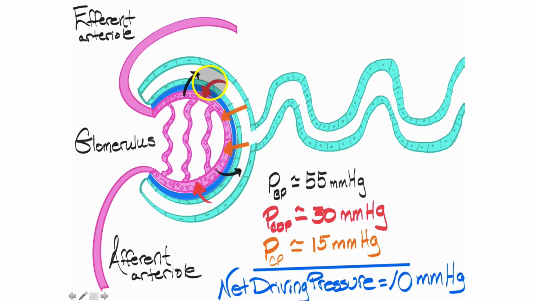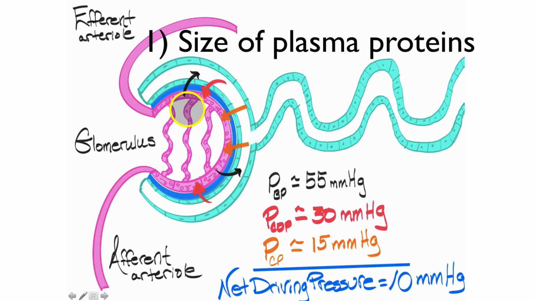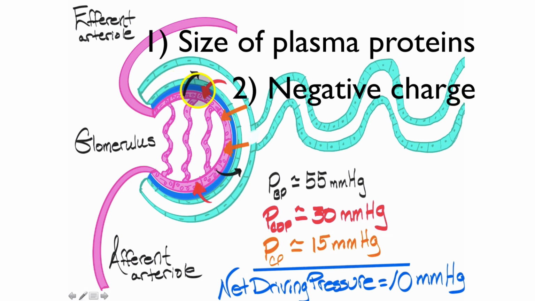Now, one more thing I want to talk about is what prevents these plasma proteins from moving from the glomerulus into Bowman's capsule. One is the size of the plasma proteins. They are too big to squeak through these perforations in this capillary bed. But two, within this blue area, which is the basement membrane, there are some negatively charged glycoproteins, molecules that have a negative charge.